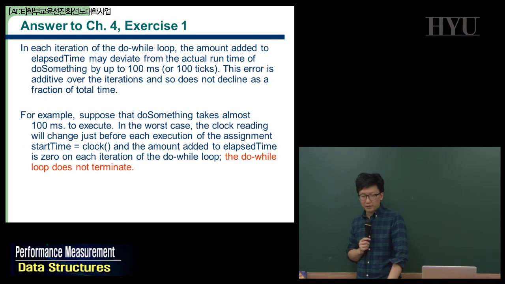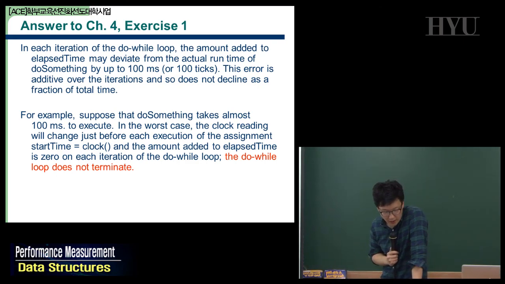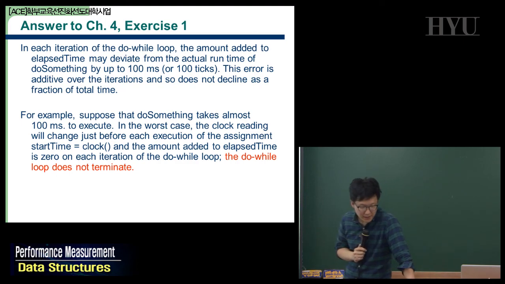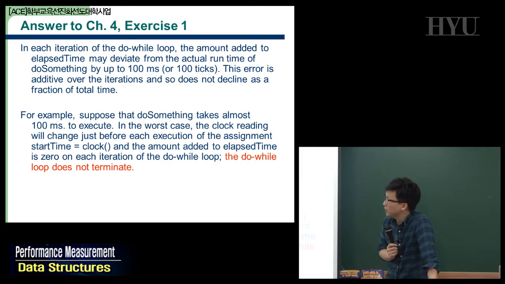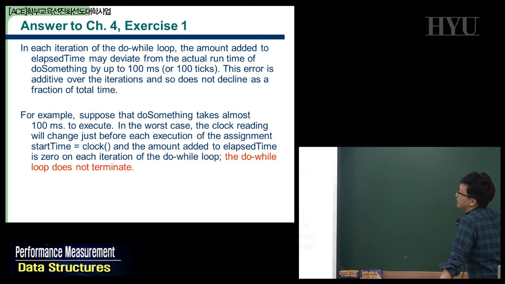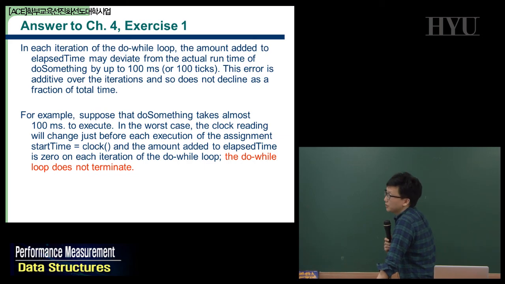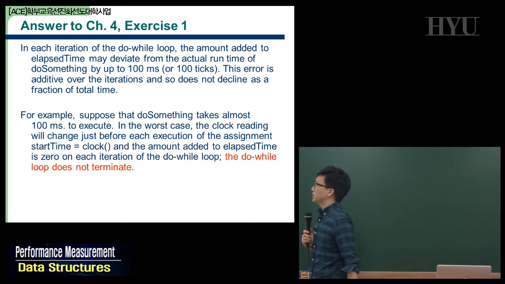Answer to chapter 4, exercise 1. If you're interested, let me just read it. In each iteration of the do-while loop, the amount added to elapsed time may deviate from actual runtime by up to 100 milliseconds or 100 ticks. We keep adding some overhead because we're doing this 1,000 times, over the iterations, so it does not decline as a fraction of the total time.